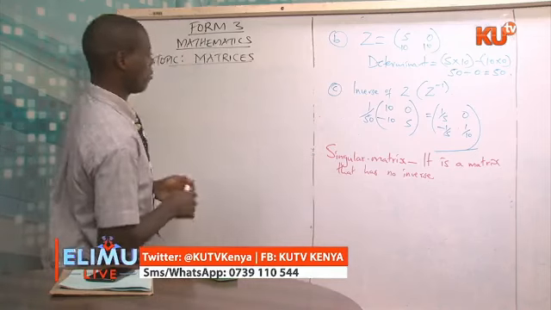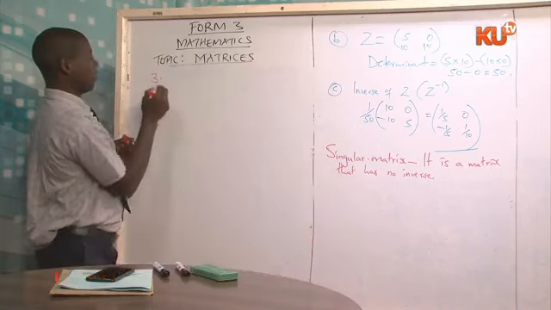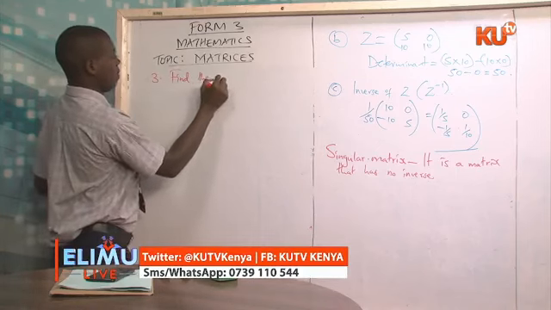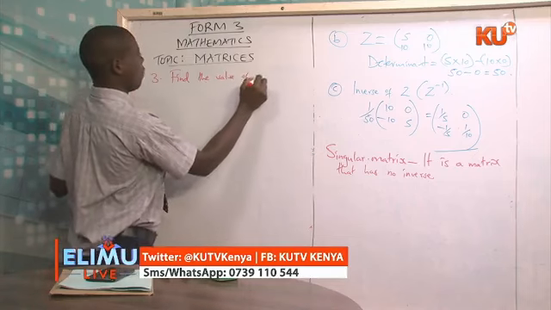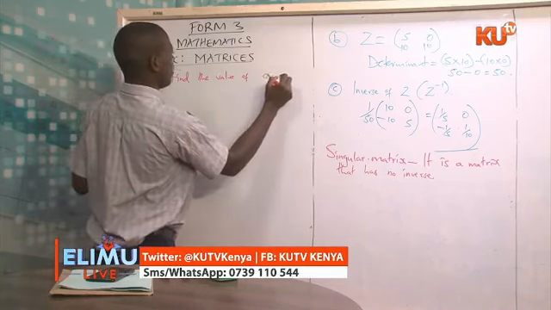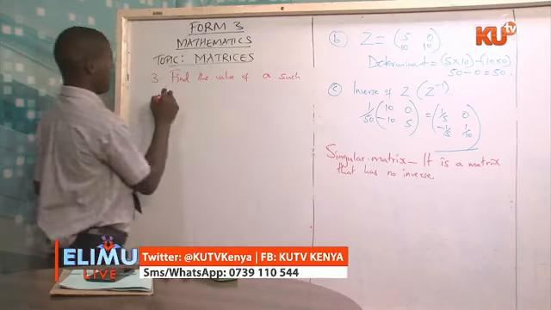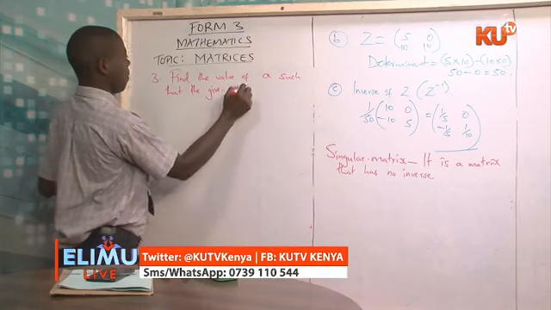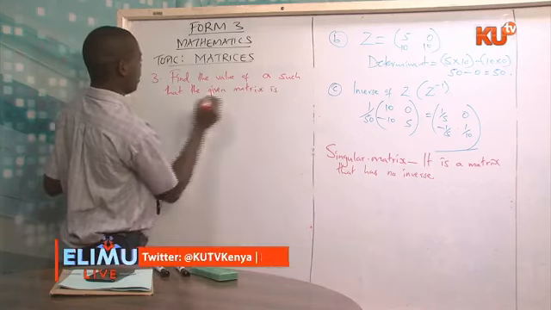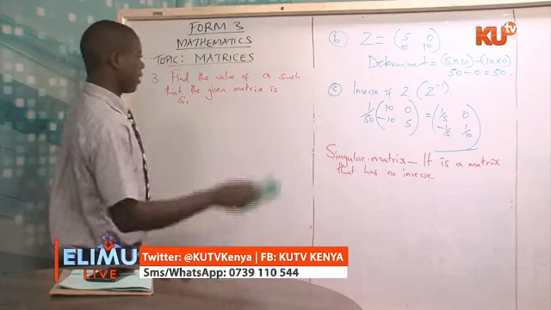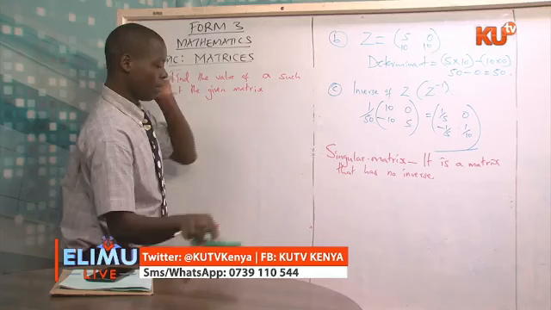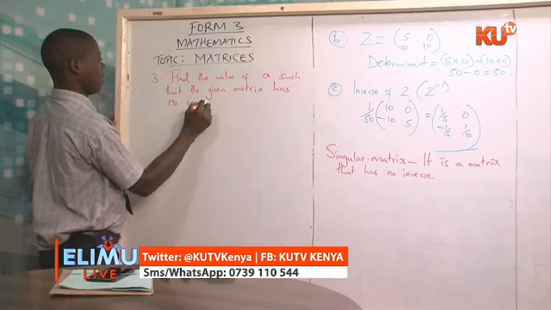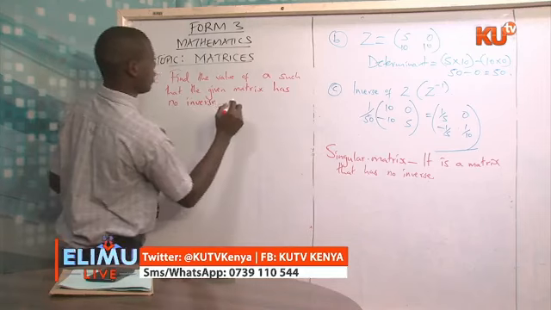Given that statement, we can work out number 3. And this is our question 3. Find the value of A such that the given matrix has no inverse.